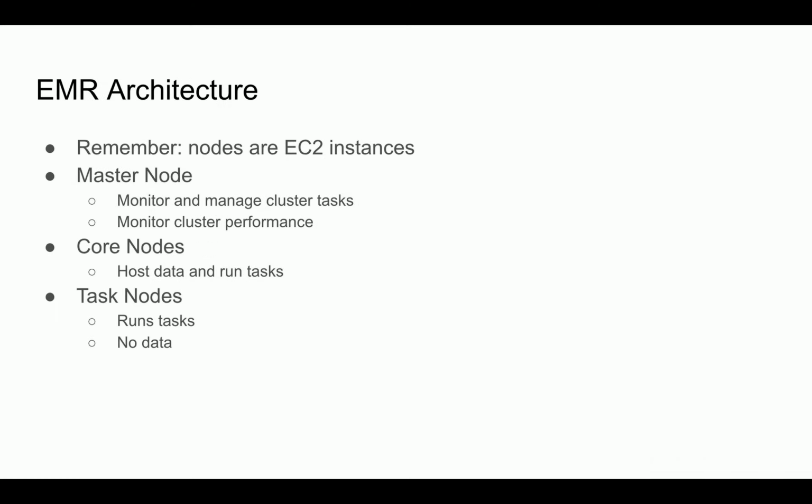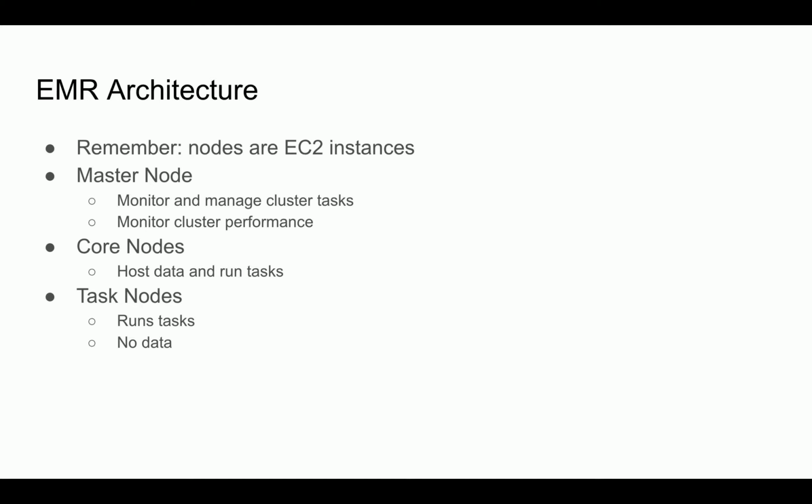Now let's shift gears and talk about the actual architecture of EMR. One important thing to remember is we'll be talking about EMR as it relates to your nodes being EC2 instances, but this same architecture sort of applies whether you're doing it on EC2 instances, in a Kubernetes container, or in an on-premise solution. With EMR, you have a master node.